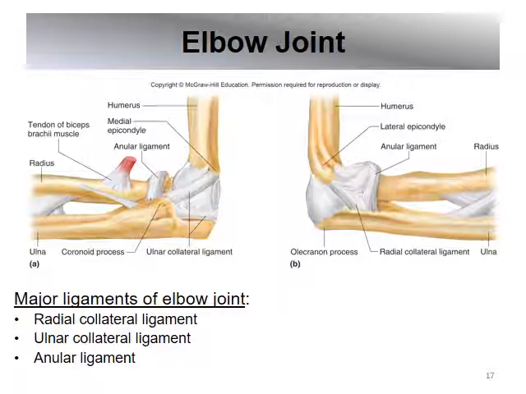Next, the elbow joint. Know that these are the main ligaments. There's the radial collateral, ulnar collateral, and the annular ligament. Again, for these joints, just be able to recognize the names. You don't have to identify these on a lab exam. It's not going to be on the lecture exam, but just again know it on a multiple choice question, which ones are belonging to which joint.